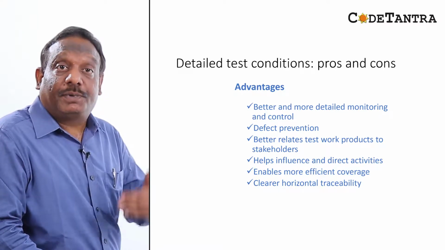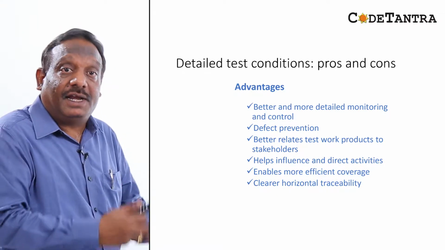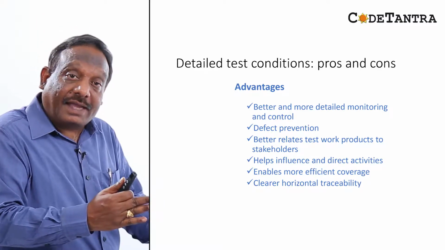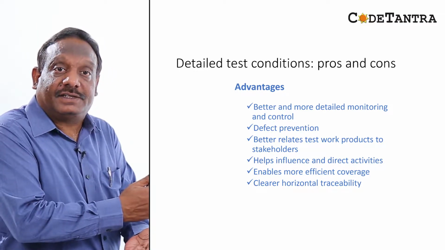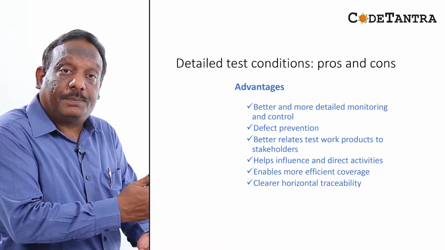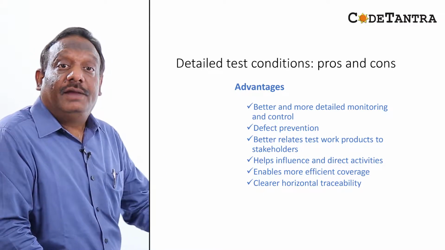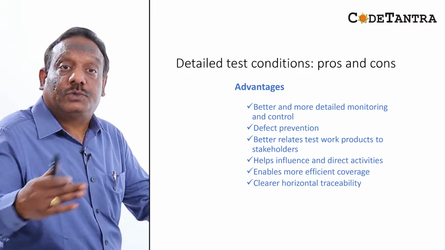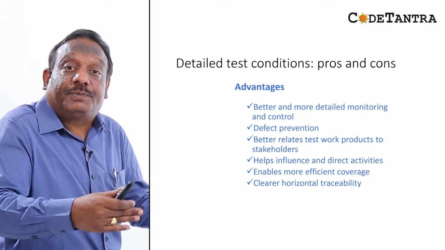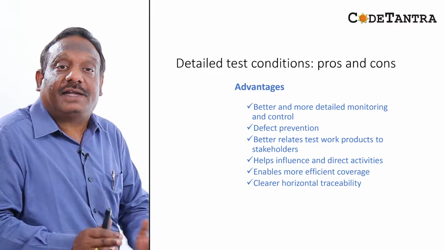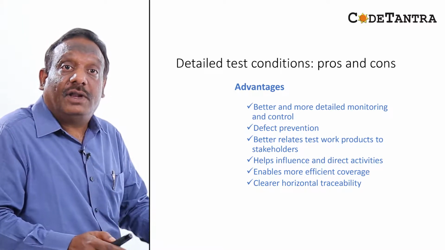Defect prevention can happen because you are doing a very detailed activity that can work as static testing for your test basis, and you can identify some defects upfront and prevent them. It also better relates test products to stakeholders, and helps influence and direct the activities. So these are all advantages.